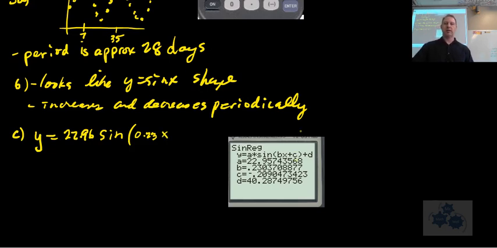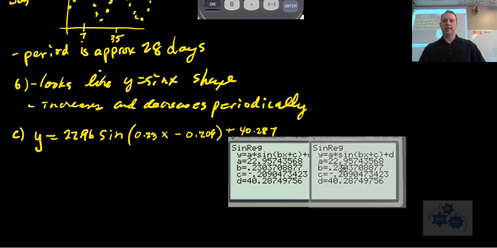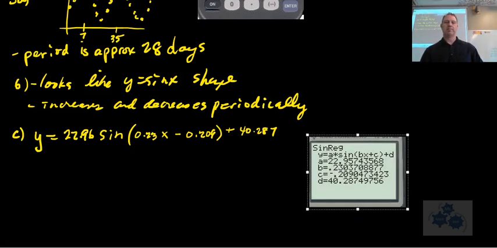Now this c value here, they don't have a separate set of brackets, so you can write it just like they write it there. So it says plus c, but the c is negative, right? So we'll go minus 0.209. And then we'll go plus the d value, which is 40.287. So from your calculator, you just copy that screen out.